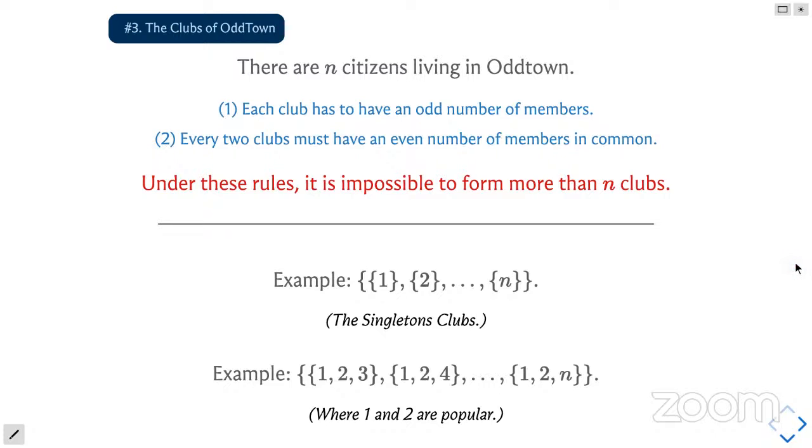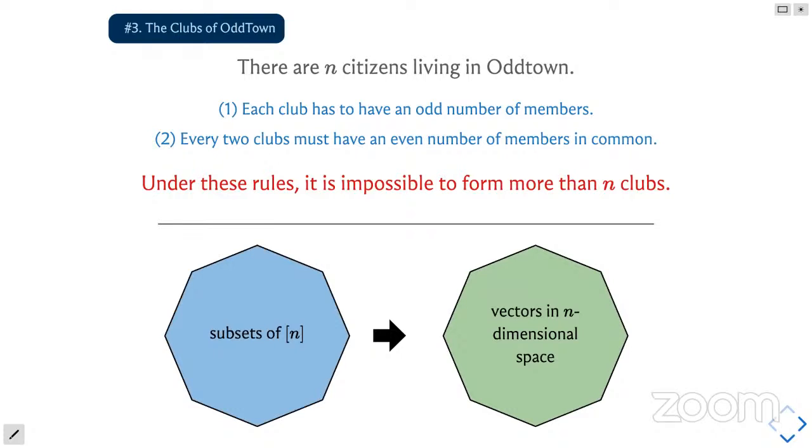All right, so the technique that we are going to use to show this upper bound is going to involve mapping sets that form our clubs to appropriate elements of a vector space. So the idea is to come up with a general way of establishing the relationship between subsets of n and some vectors in some appropriate vector space.